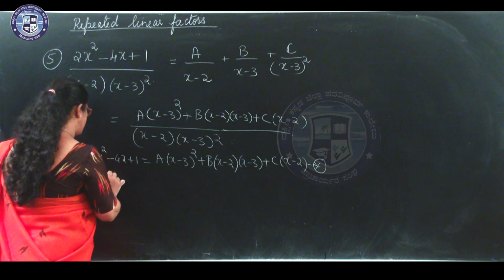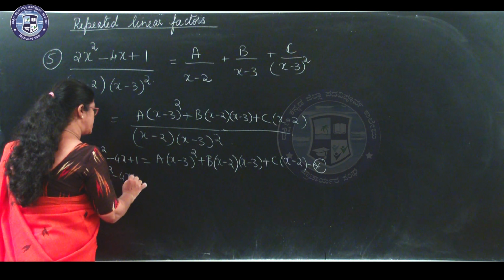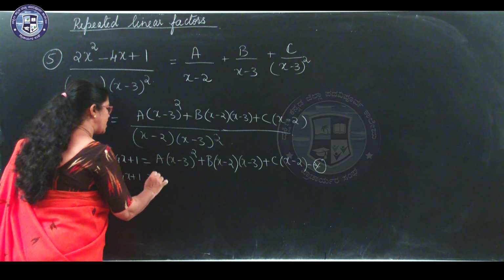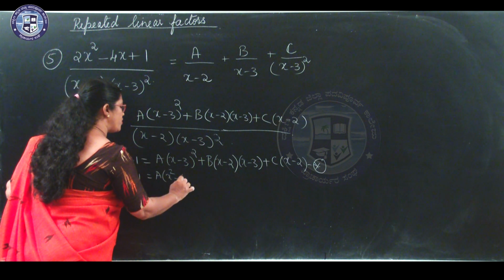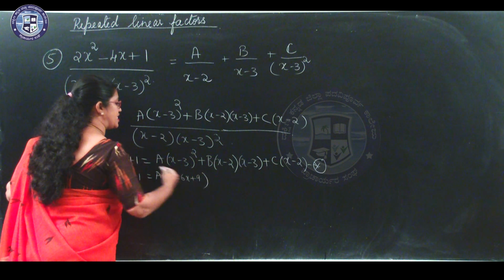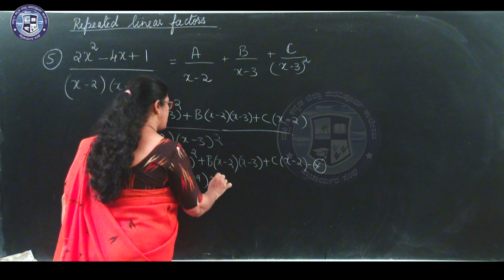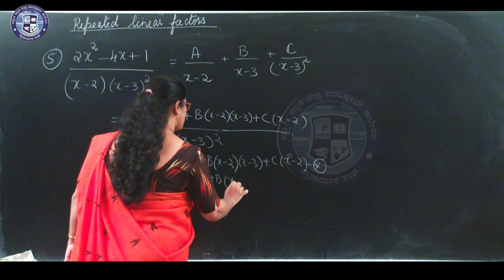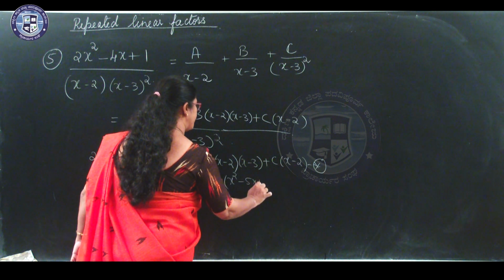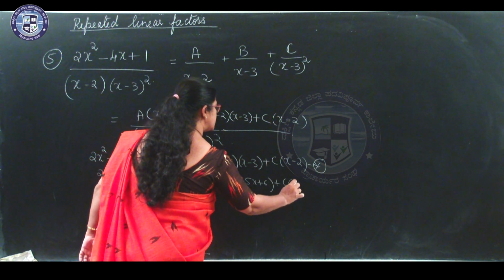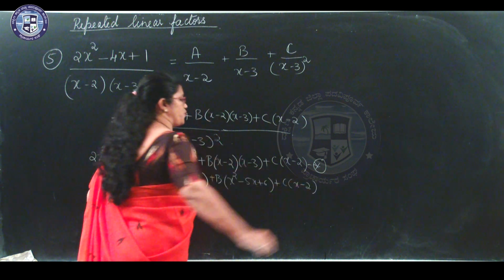So I'll write 2x square minus 4x plus 1 is equal to a into (x square minus 6x plus 9) plus b into (x square minus 5x plus 6) plus c into (x minus 2).